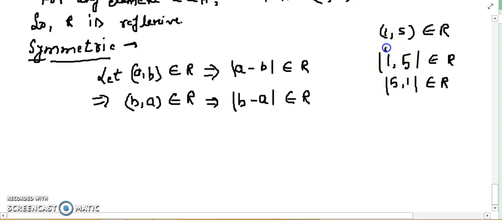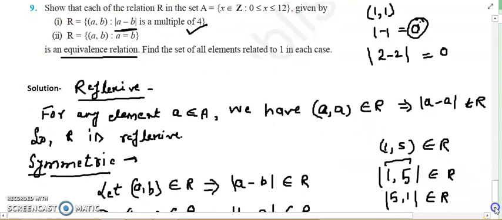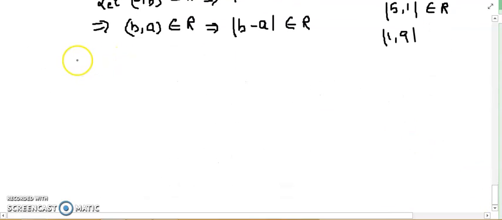Because the difference of 1 and 5 is a multiple of 4. Likewise you can take the other ordered pair like (1, 9). The difference, which comes out to be 8, belongs to the relation, because you see the condition, x is greater than or equal to 0 and less than or equal to 12. So you cannot take any number beyond this condition. So the relation is symmetric.